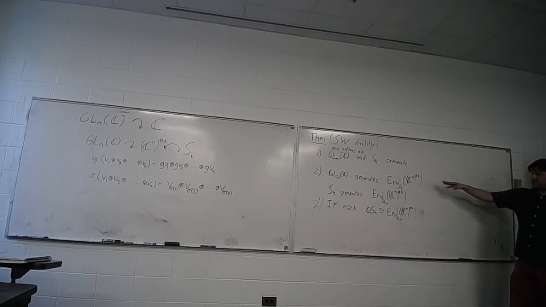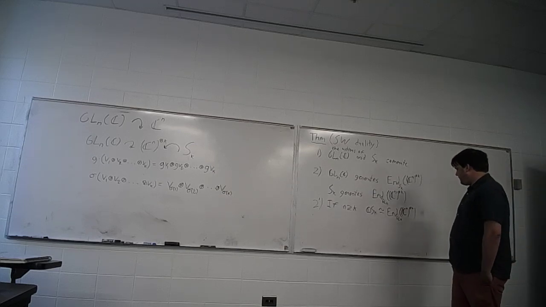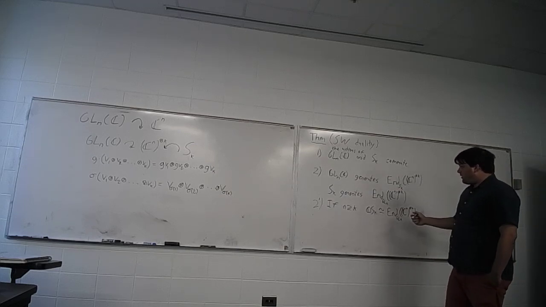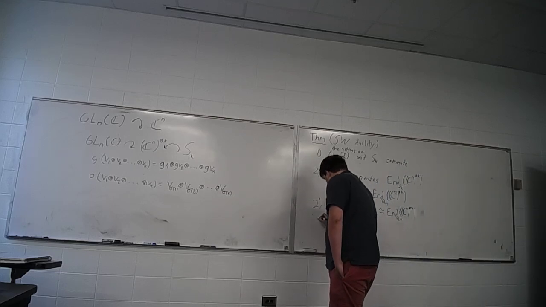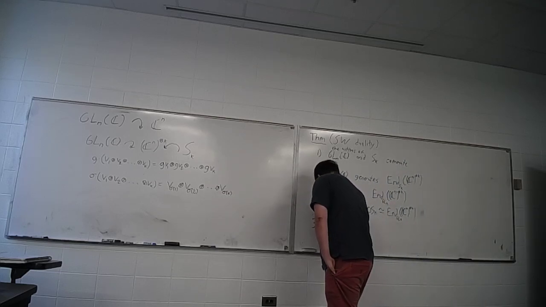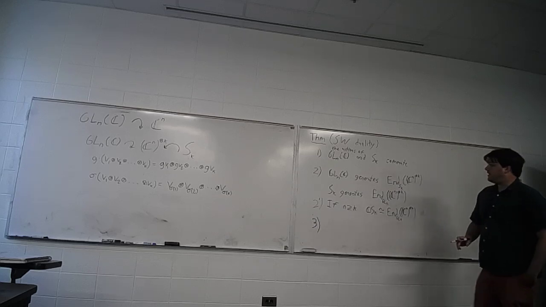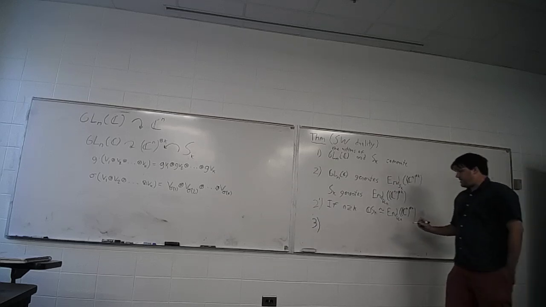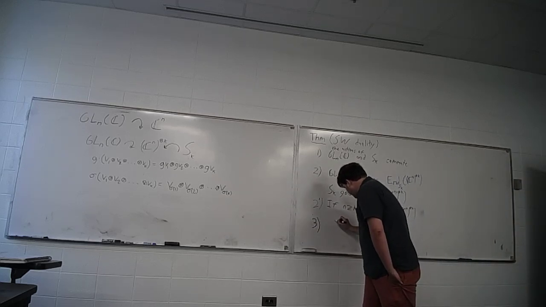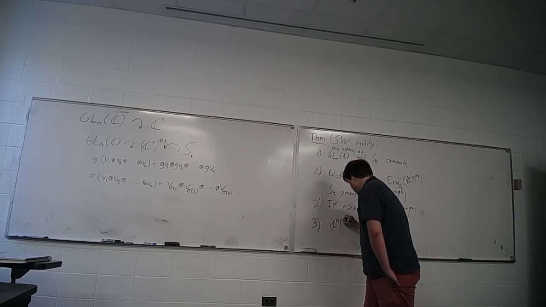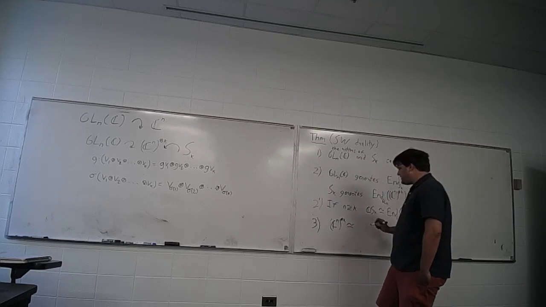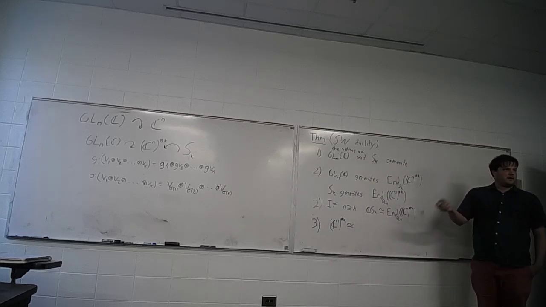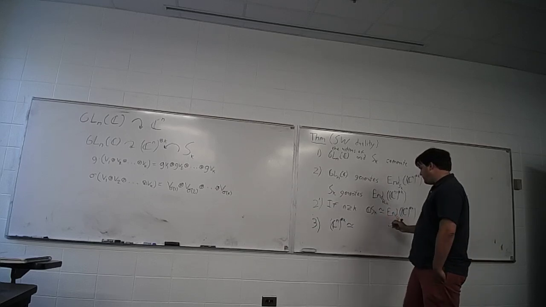But even if it's not, it still generates it. You can still permute the factors, and that generates the endomorphism ring. Okay, and then from this setup, we get that this representation, (C^n)^{⊗k}, we can decompose as a GL_n cross S_k module.